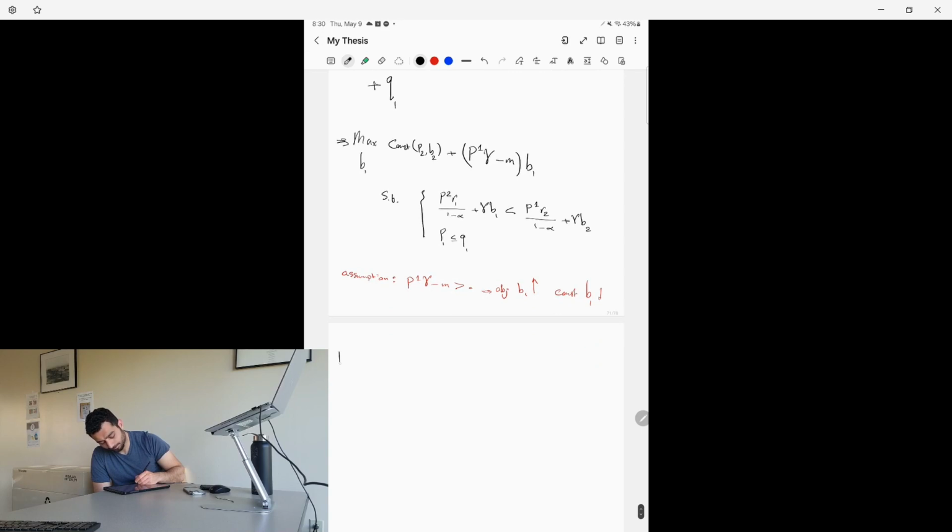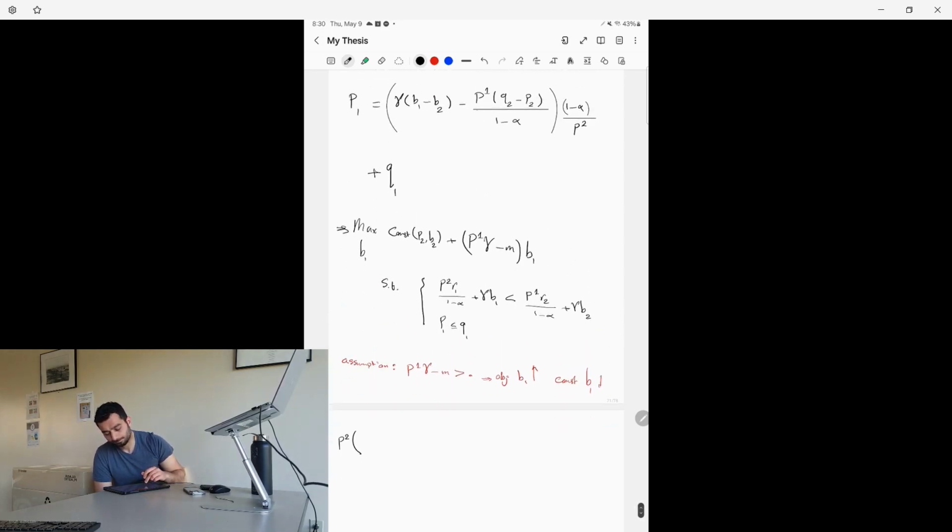P2 R1, R1 is Q1 minus P1, which is 1 minus alpha over P2 P1, right?